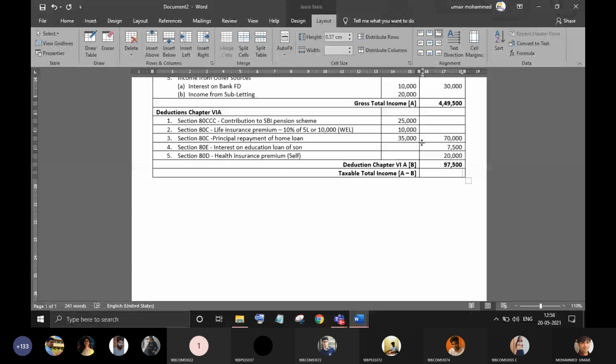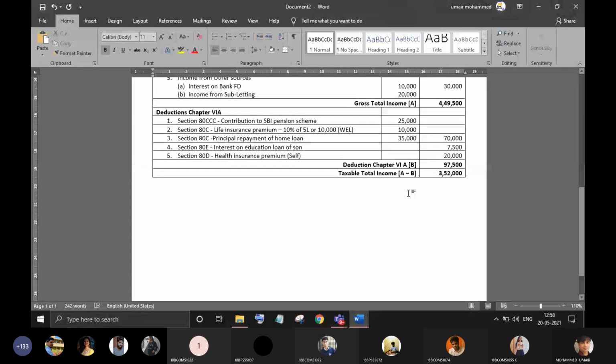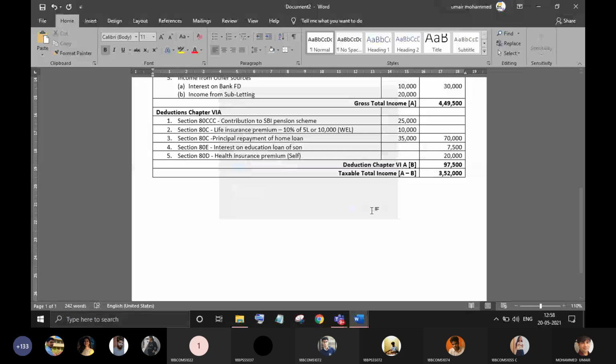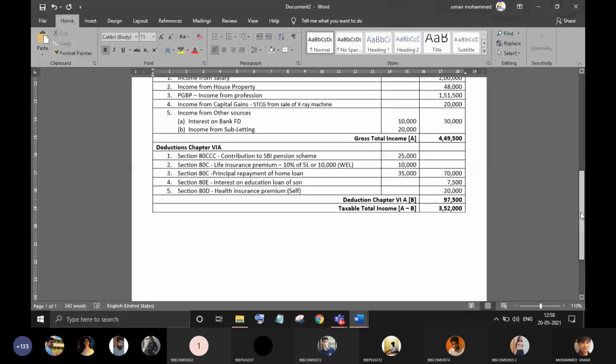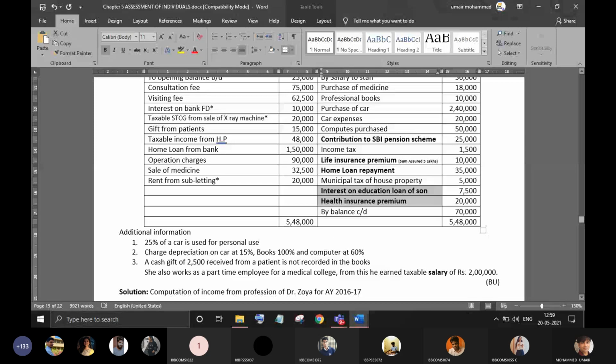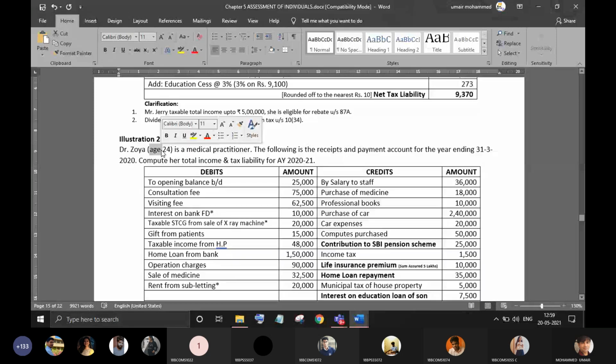So 3 lakh 52,000 final answer. Now the last step is to compute the tax liability. Age of the assessee is given in the question, 24. So age is given.